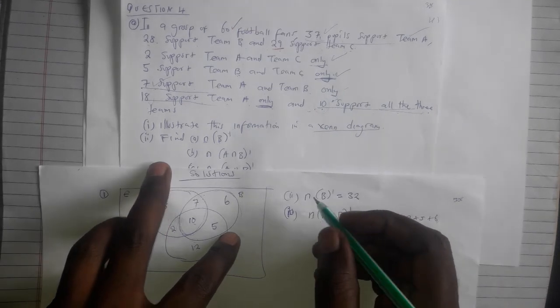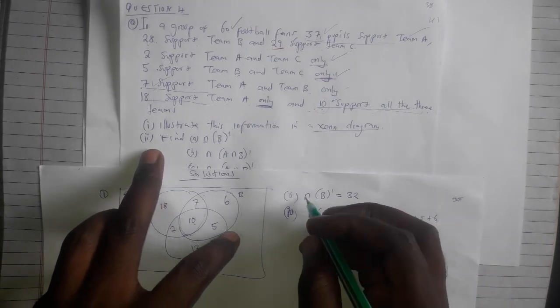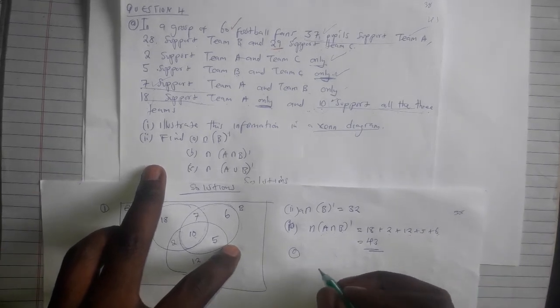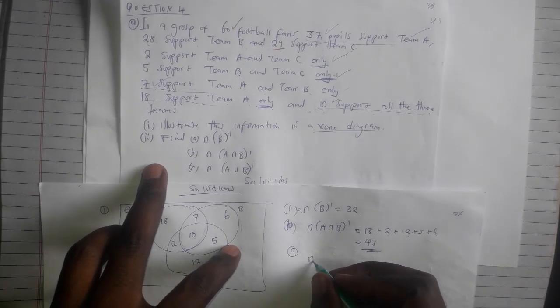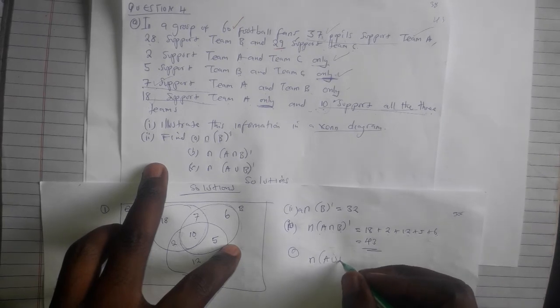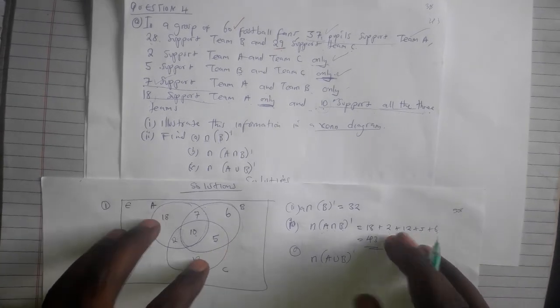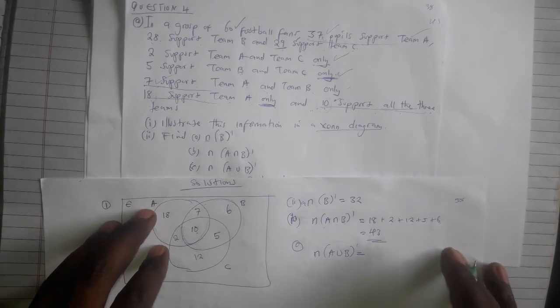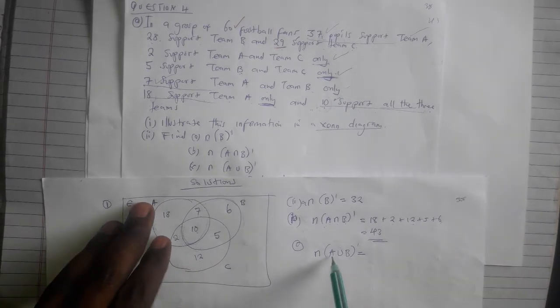So we have answered number 2A and number 2B. Then C is asking us to state the number of elements in A union B complement. So how many elements or fans do we have in the sets A union B?